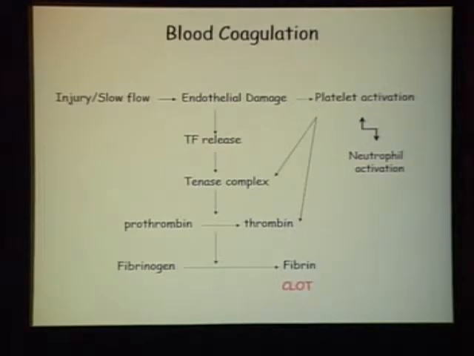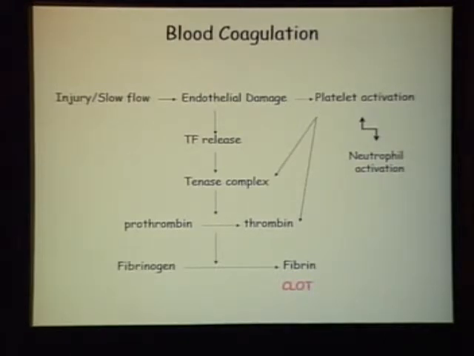Now, blood coagulation, which as a clotting person I always have to show, is a complicated process. And I want to demonstrate on this particular slide that injury or flow changes themselves can cause changes to the endothelium, which lead to platelet activation.